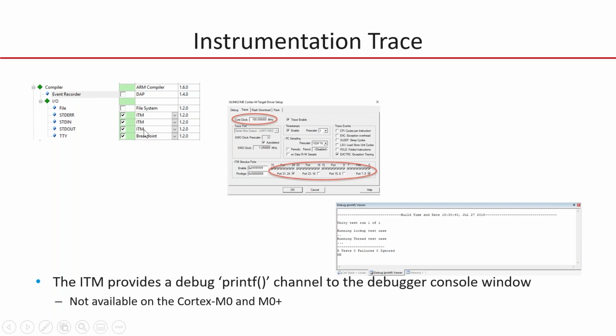This adds some low-level put char, get char code, and then whenever we do a printf, it will come out in the console window that's in the debugger. And again, this is pretty straightforward to set up, and it's extremely useful. But it's only available on M3, M4, and M7, not on the M0, M0 Plus.